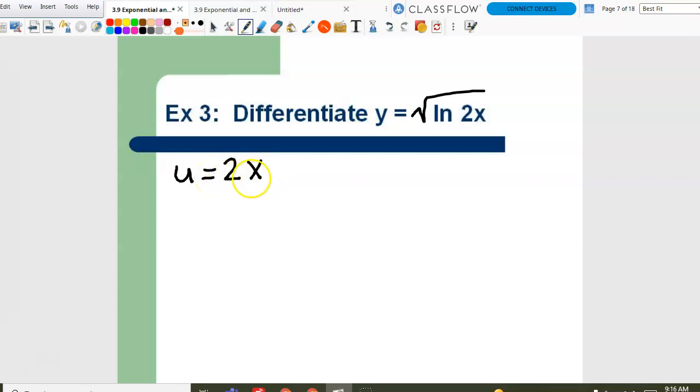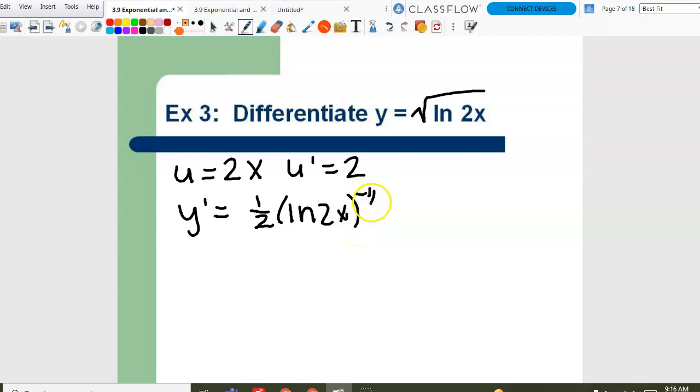So my u prime is equal to 2. So the chain rule says you start on the outside. So we start with the square root. So that's 1/2 ln 2x to the negative one half. Yep. The derivative of the inside, which is an ln, so it's u prime over u.